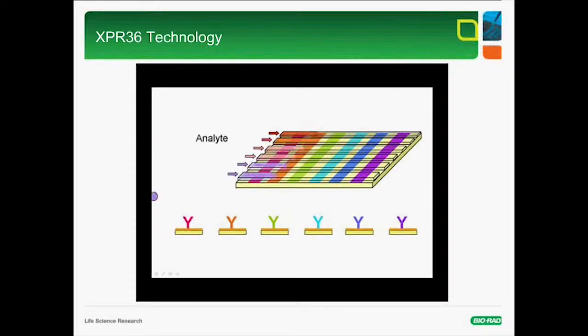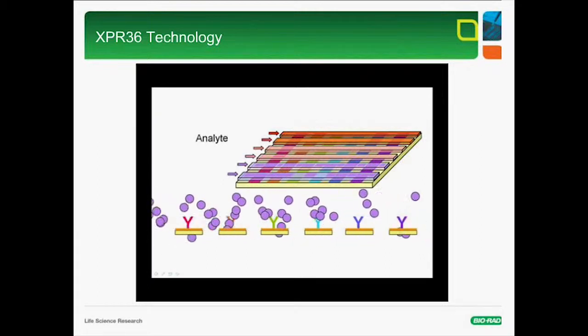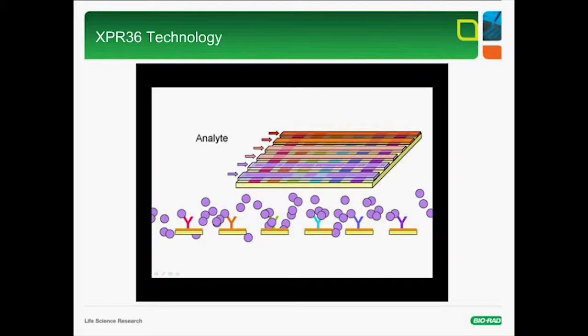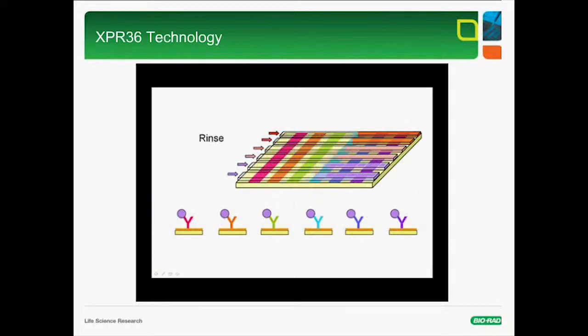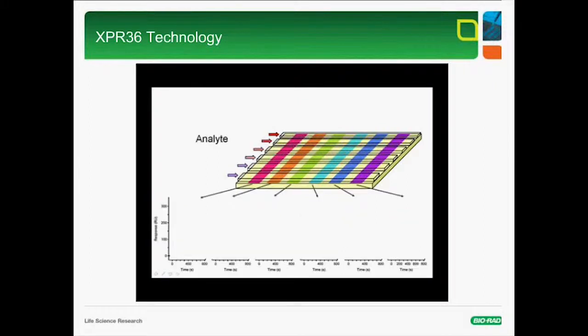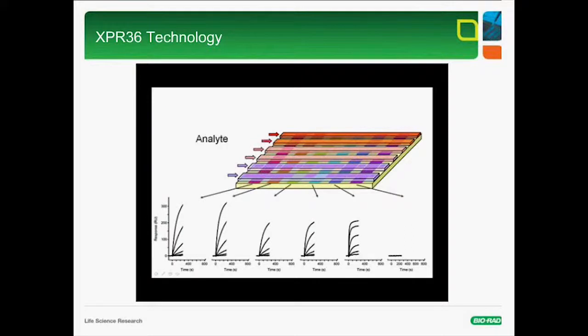Then you can inject 6 different analytes, or one analyte at 6 different concentrations, and monitor their interaction. Then you can rinse the surface to measure the dissociation. By this means, with one injection, you have 36 different interactions, and you can monitor 36 different sensorgrams just using one injection in the ProteOn XPR36 system.